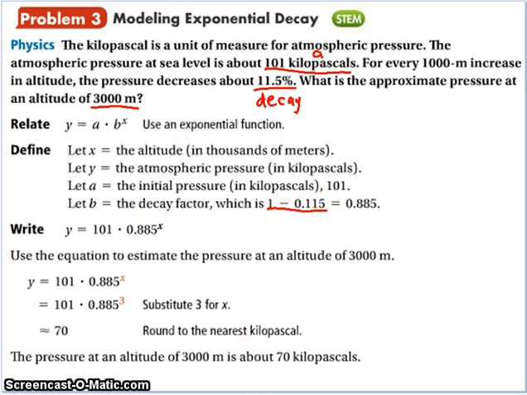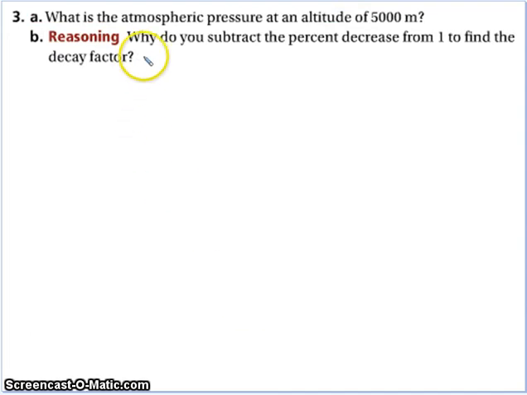Okay. All right, so the next question says, what is the atmospheric pressure at an altitude of 5,000 meters? So we still have the same thing. Y is equal to 101 times 0.885, except this time we're doing it to the power of 5. Okay.